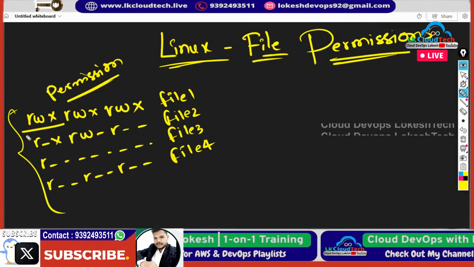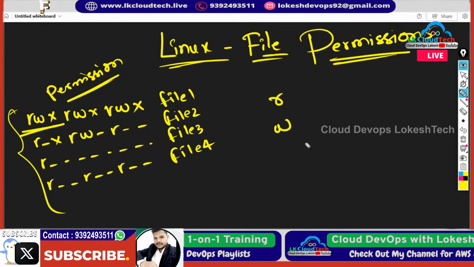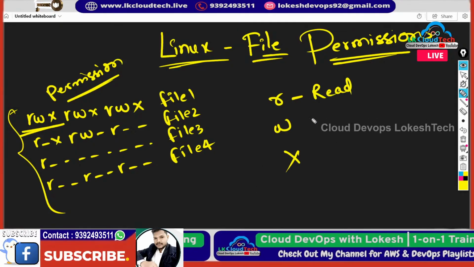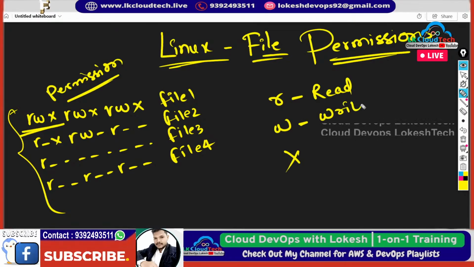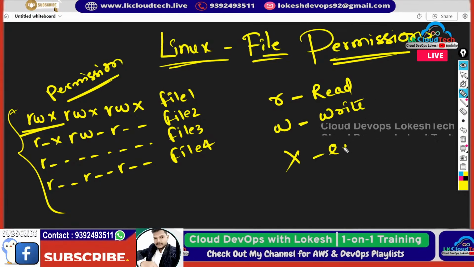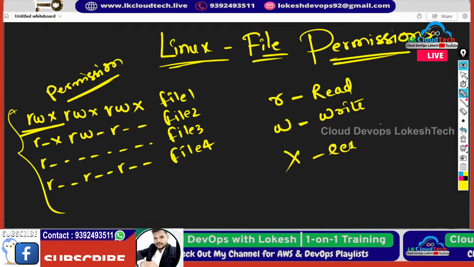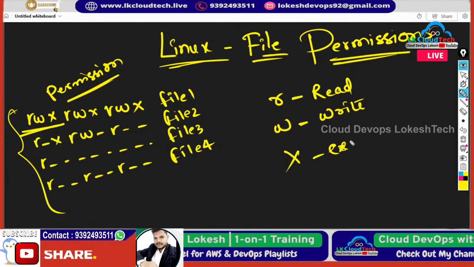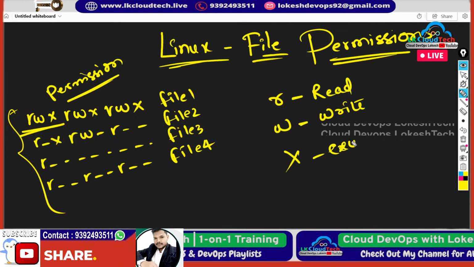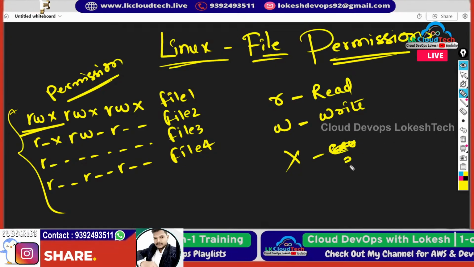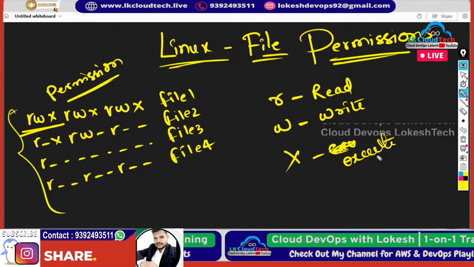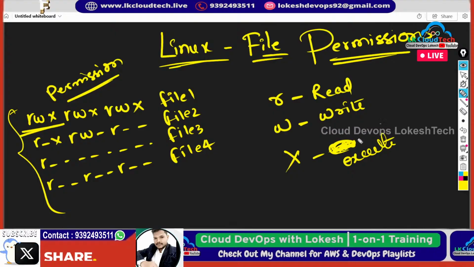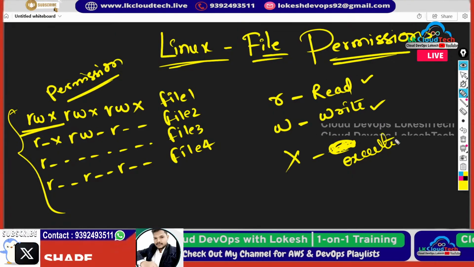Then you will get a question: what is r, what is w, and what is x? r means read, w means write, x means execute. Spelling was wrong earlier. So this is read, write, execute.